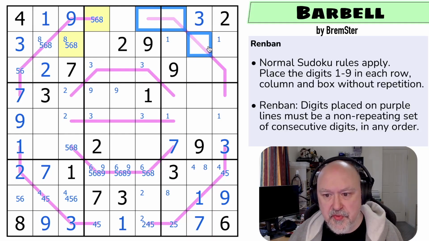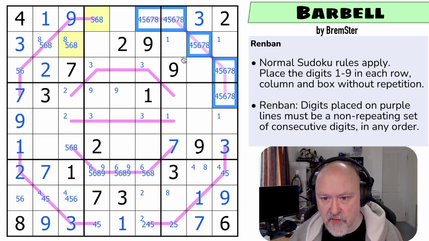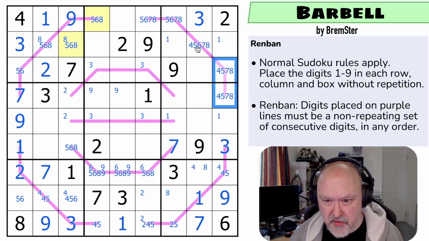And now there's no 3 on this line. So 4, 5, 6, 7, 8. And it must be because there's no 9 on this line. This is 4, 5, 6, 7, 8. There's no 4 in either of those. There's no 6 in either of those. There's no 7 there, or there, or there.